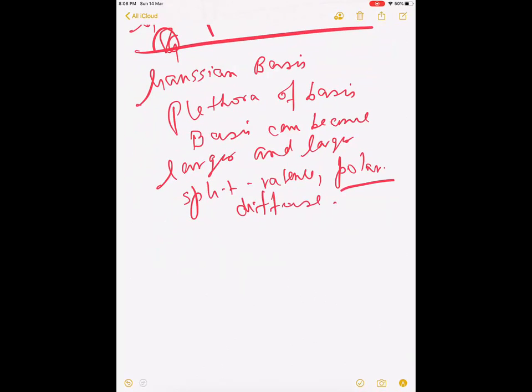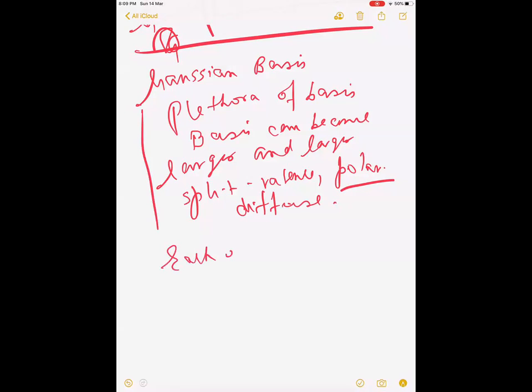As I told you, in correlation consistent sets the number of polarization functions is much more. Angular momenta are not just one higher, but two higher, three higher, with different numbers.